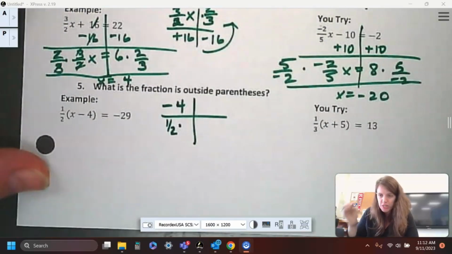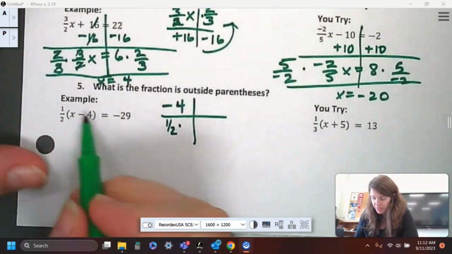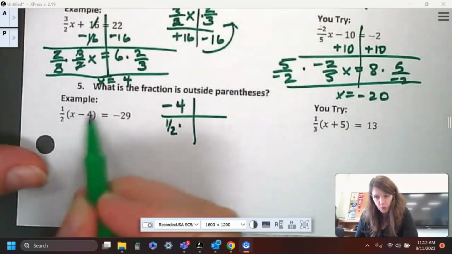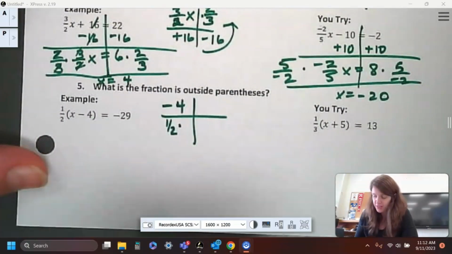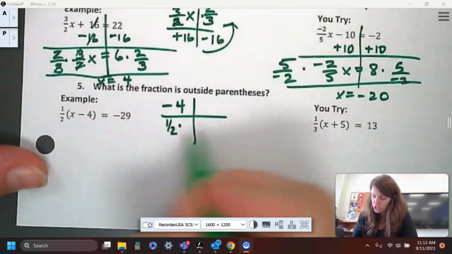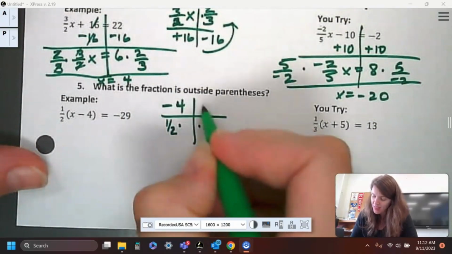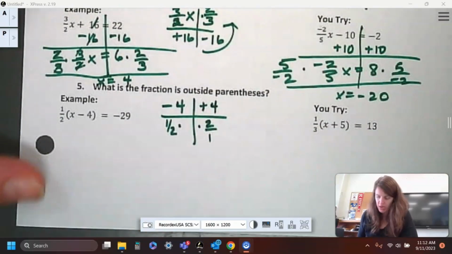So the operations that we see being done, the do part, that we need to undo is in the opposite order here, because this is telling me do the x minus 4 first and then multiply by 1/2. So if I'm going to go back in reverse order, I need to do multiplying by 2 over 1, right, or multiplying by 2, and then adding 4, okay?